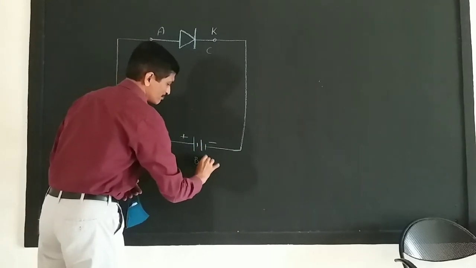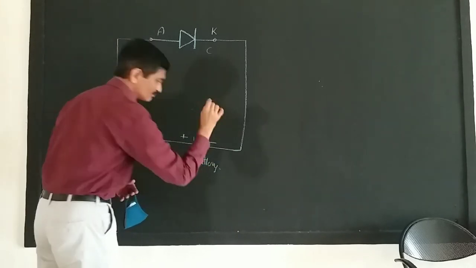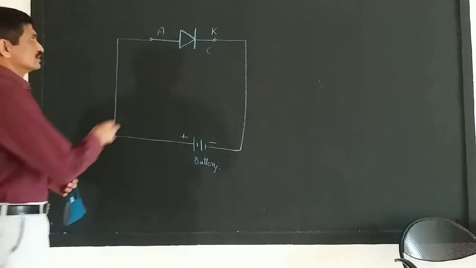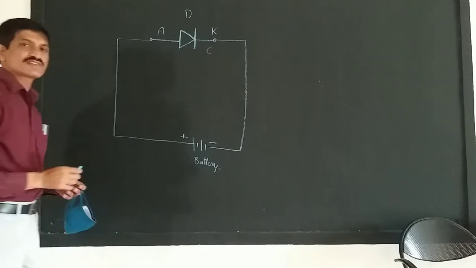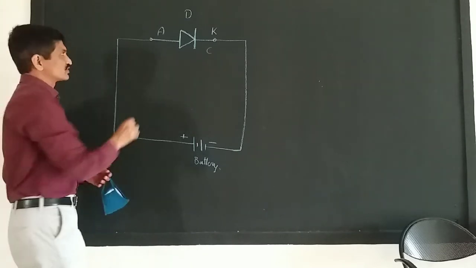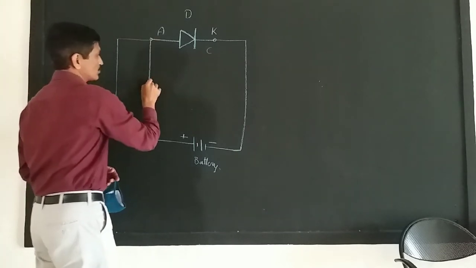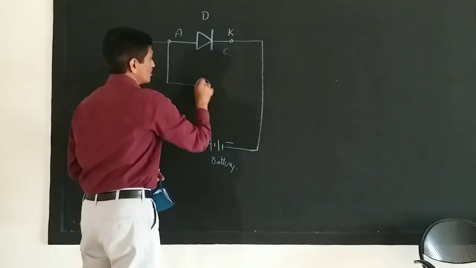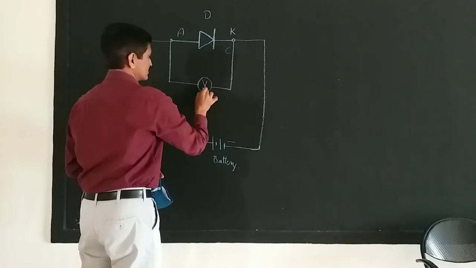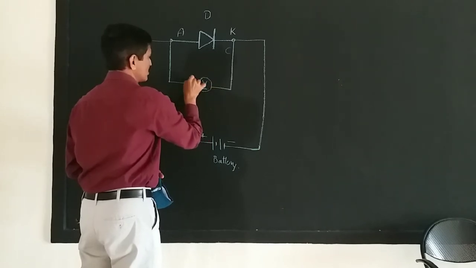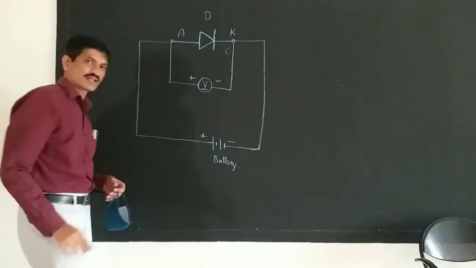This we call the battery. This is the diode. To know the voltage drop across this anode and cathode, we can use a voltmeter to record the value. Essentially, it is a DC voltmeter with the positive terminal here and negative terminal here.